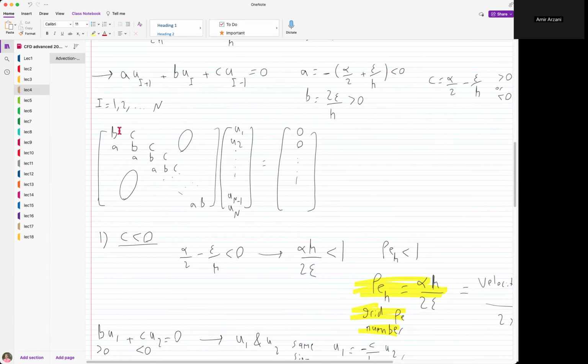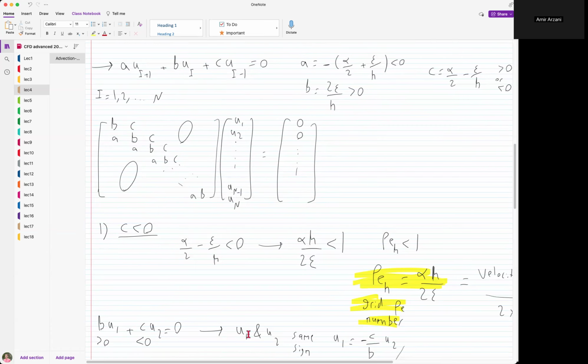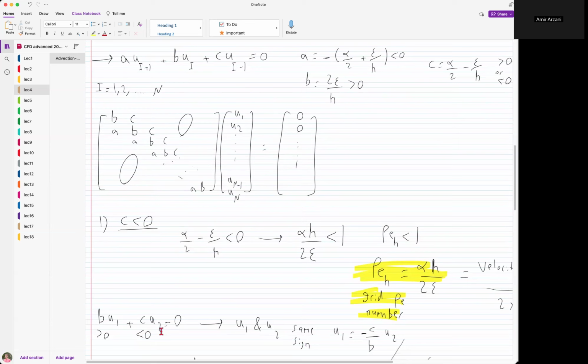Now, if that is the case, if I go back to my linear system of equations, if I consider the first equation I get, which is b times u1 plus c times u2 equals 0, I argue that b is always positive, c I assume to be negative. So if you look at this equation, what it means is that u1 and u2 are the same sign, because you can take u2 to the other side.